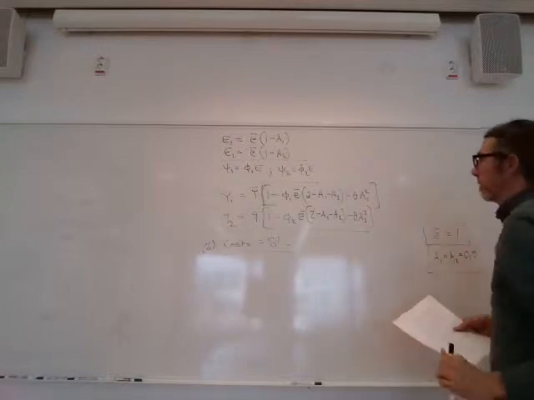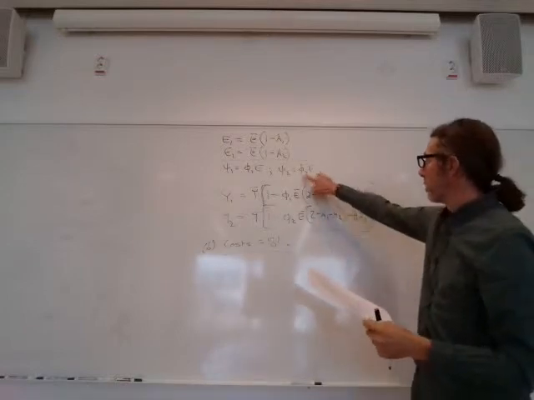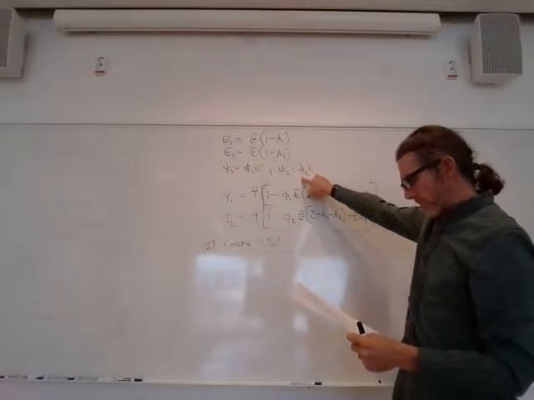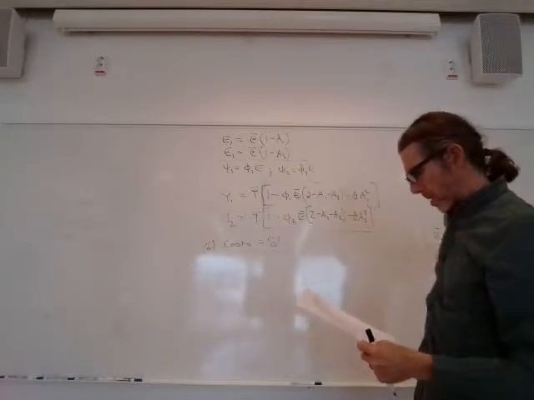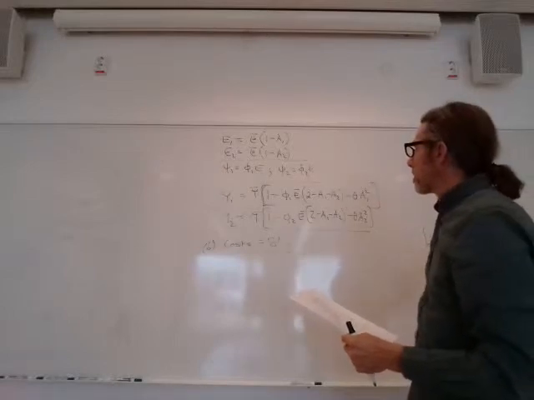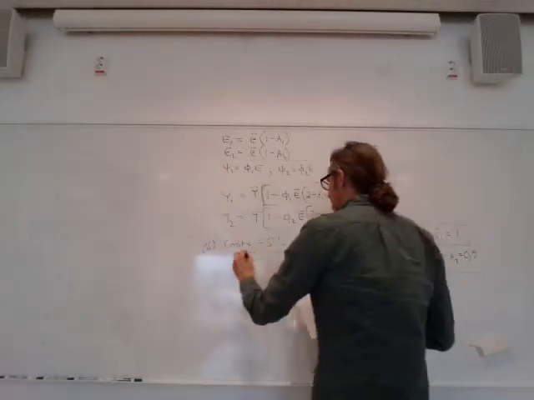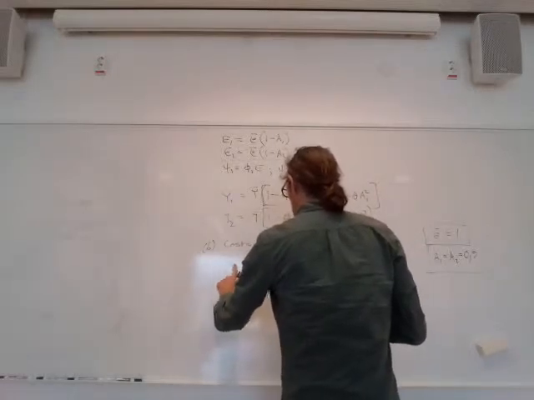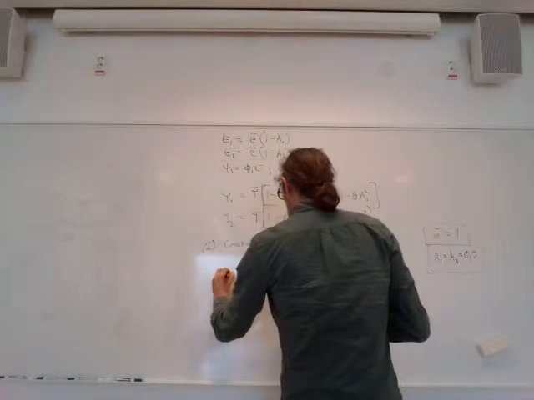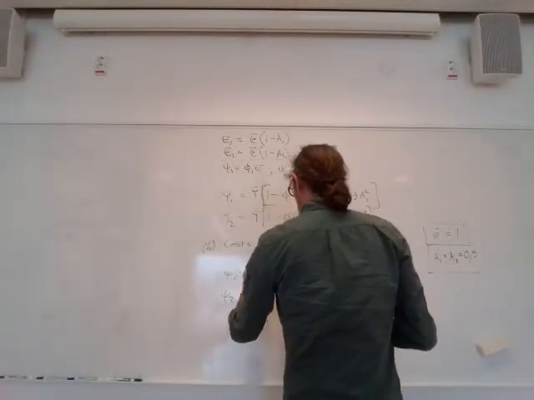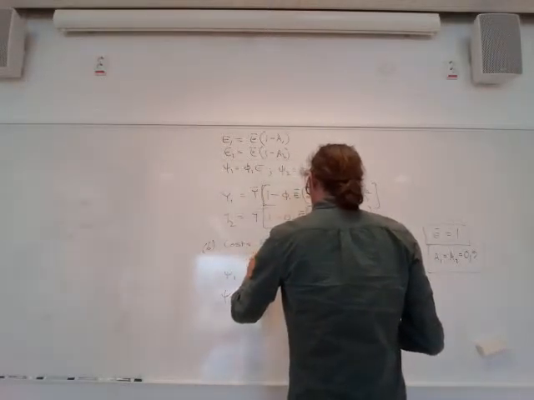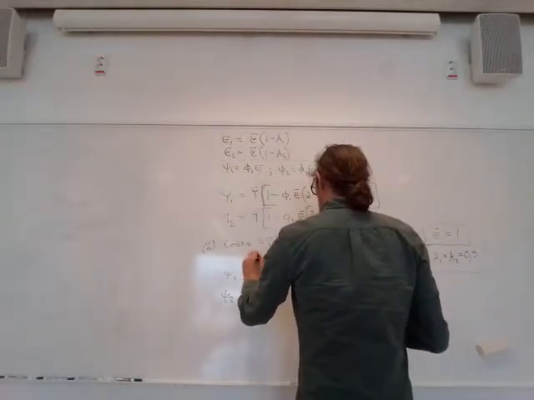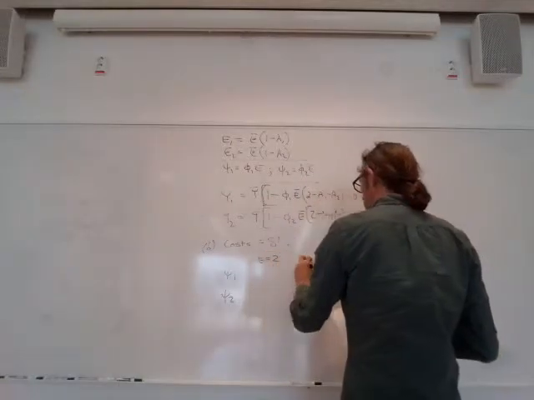So with no abatement, total emissions are 2. So damages, psi 1, psi 2, no abatement, or E equals 2.